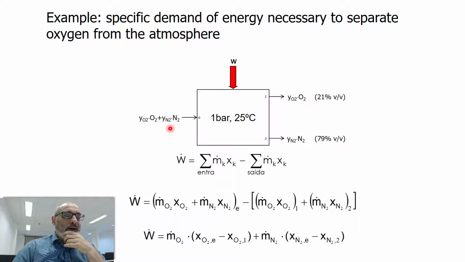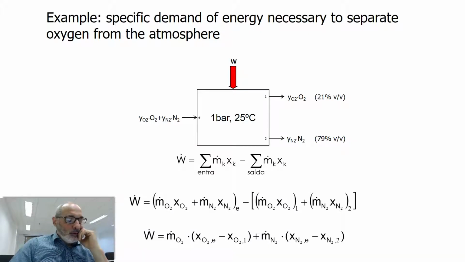So the constitution of what is going into the separation process is defined by these two numbers, YO2 and YN2, which we know a priori are 21% and 79%, okay?